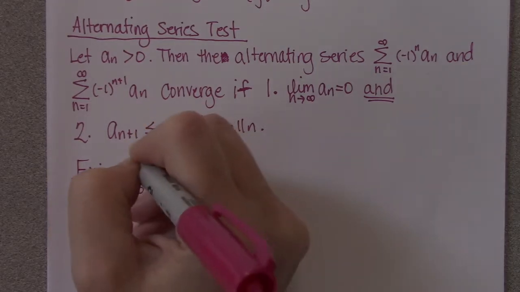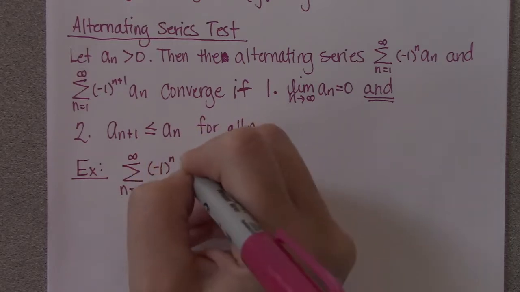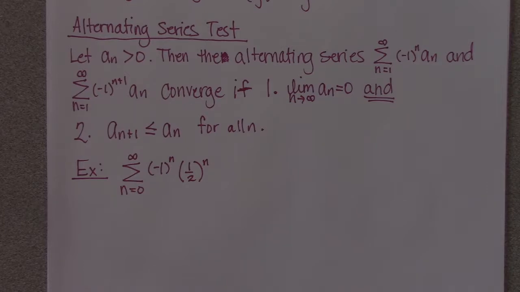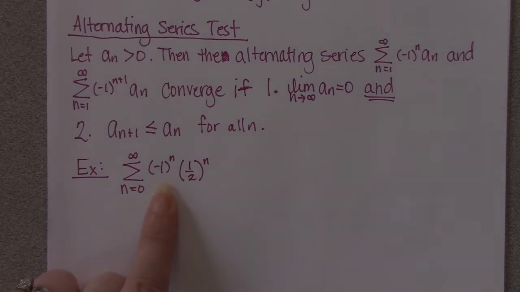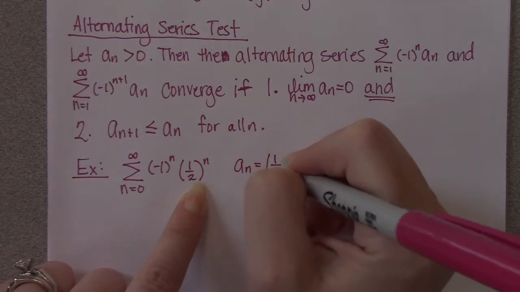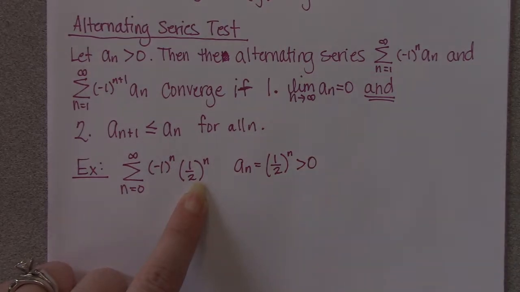We're going to apply this to the series we just looked at, the alternating geometric series. This is -1. Everything that's not the -1 term, that's your a sub n. So a sub n is 1/2 to the n. That is in fact positive, so that checks out.